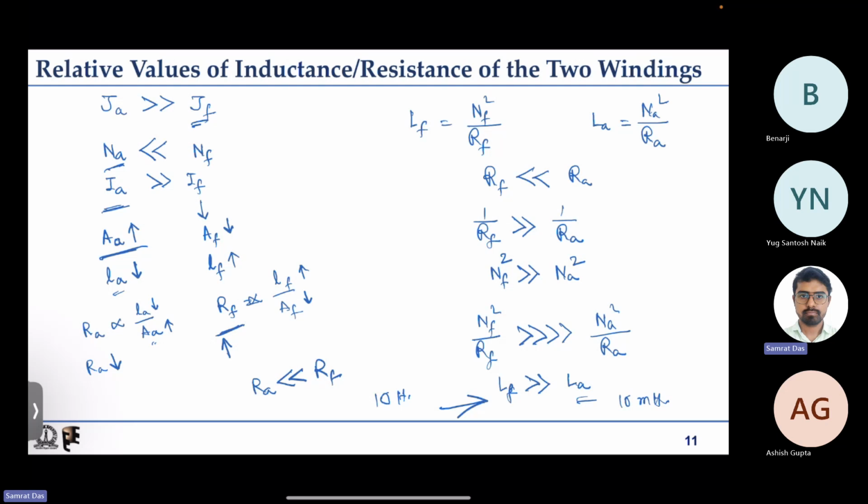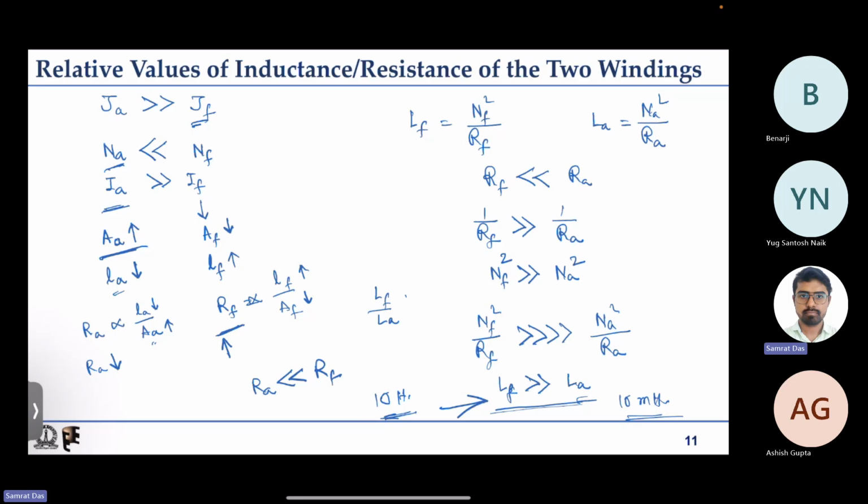So in the ratio Lf by La, one is henry and the other is millihenry. That is a big difference between the two.